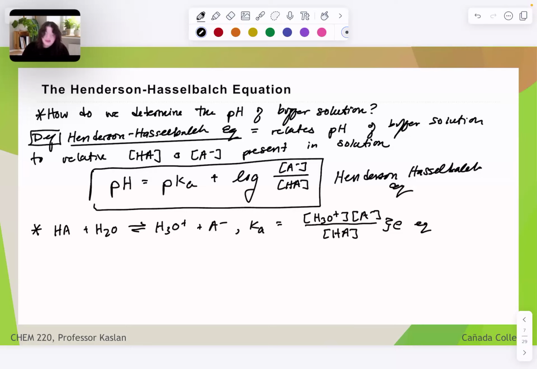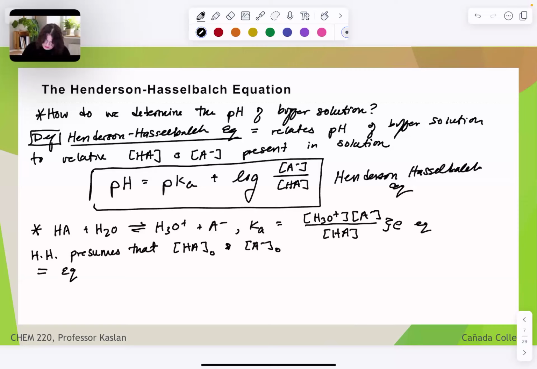The Henderson-Hasselbalch equation is going to presume that basically our x is small enough. In other words, this presumes that the concentrations of HA and A minus that are present initially in the beaker, the system, the solution, are equal to the equilibrium concentrations.